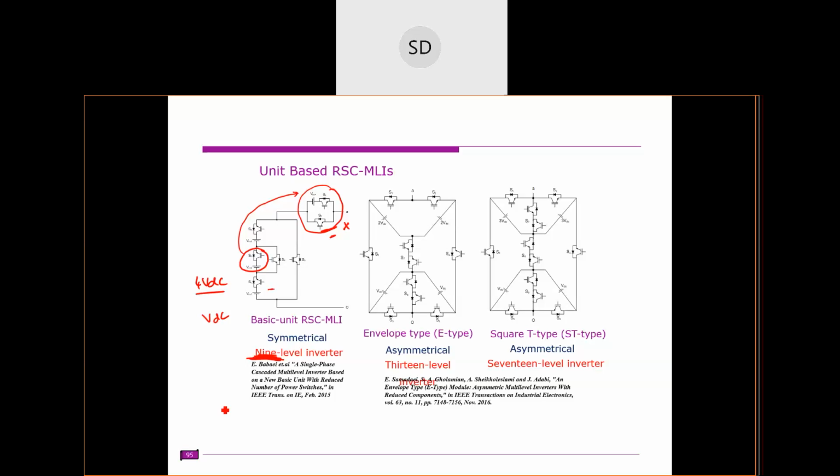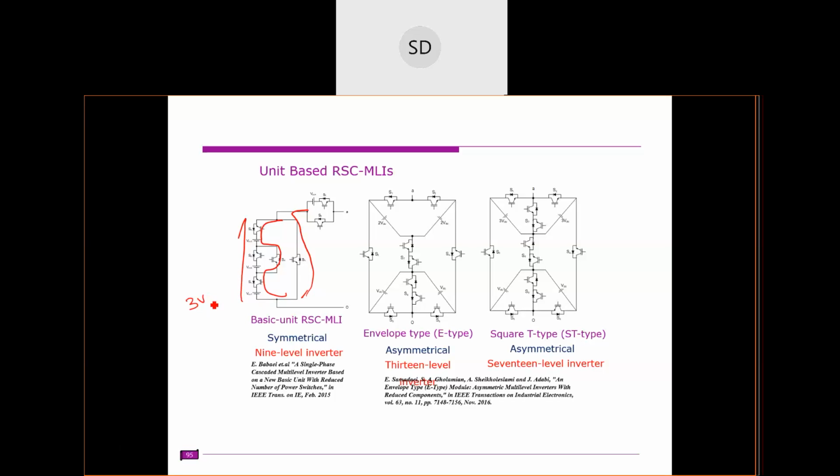So without using this, you cannot get a VDC level. If you want to use this, it will be like this. You'll go like this, or you can directly go like this. This is another path, and another path is straight away you have to connect all these DC sources.